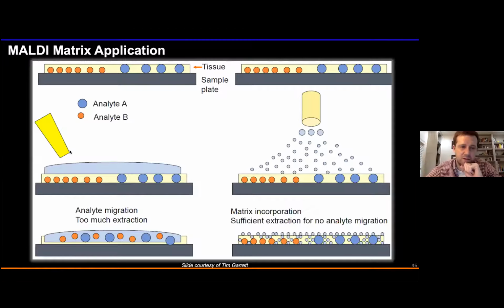On the left here, you'll see that we've applied a very large amount of liquid to help with extraction, but because there's so much liquid, the analytes can move around spatially. So we've lost the spatial integrity of the analytes. When we make our MALDI imaging measurement, it's not going to be representative of the true biological distribution of some of those metabolites.